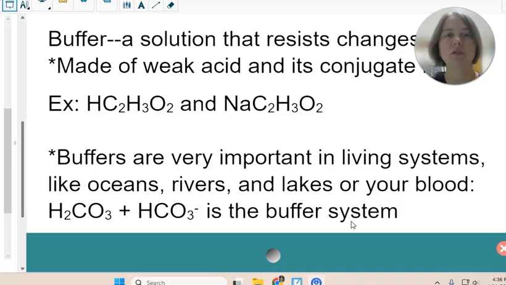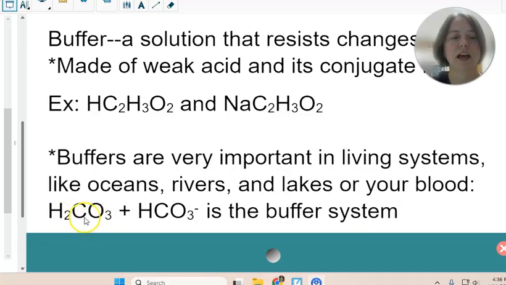If it goes below 7.35, you're in acidosis and your body system starts shutting down. So we really need to take care of that very quickly. So buffers in your blood system are very important.